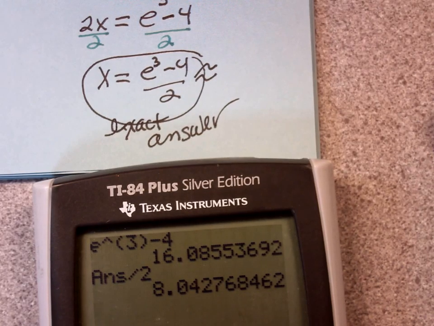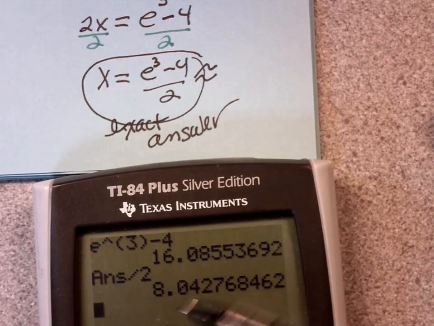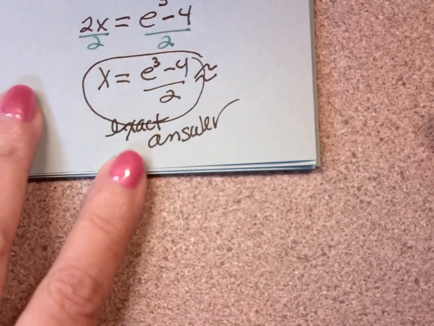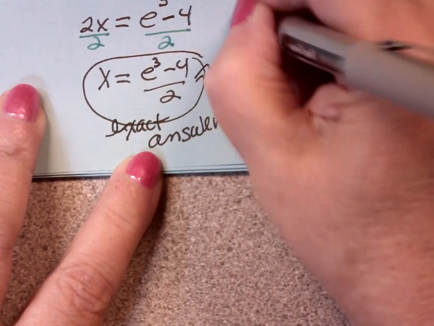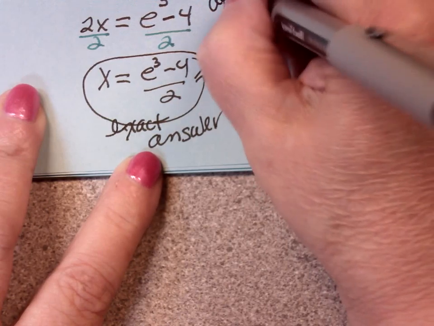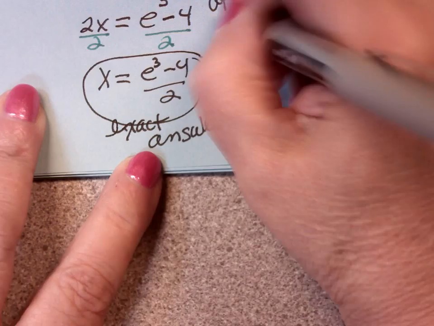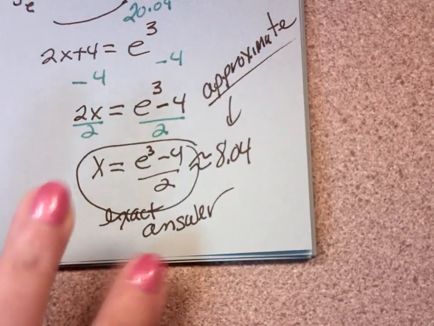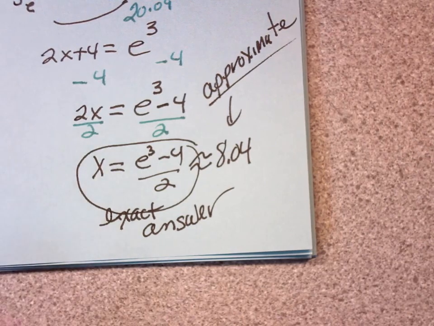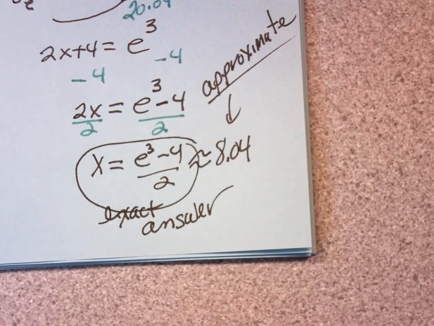And they say to 2 decimal places, so it's 8.04. So the approximate is 8.04. Now we'll need that when we're doing application problems. But otherwise we don't need it. Doesn't matter, I don't care which way you do it.